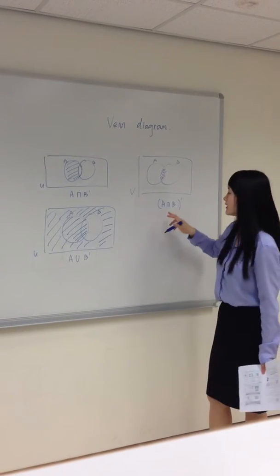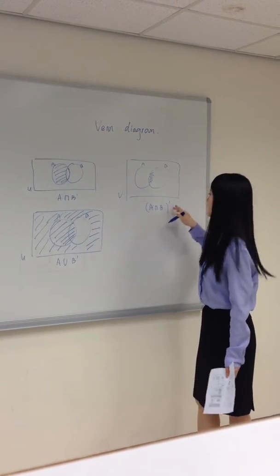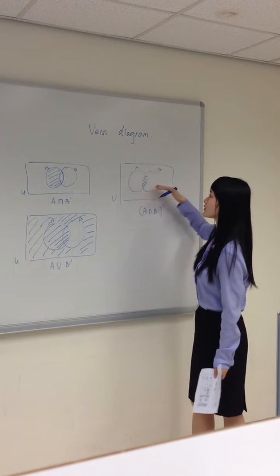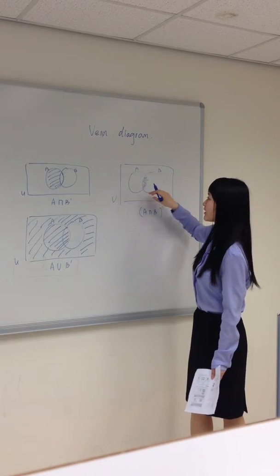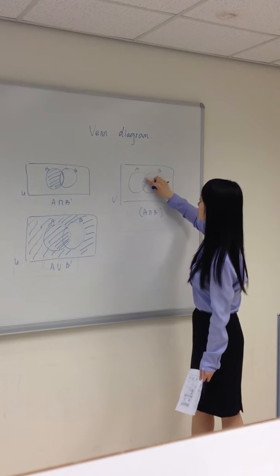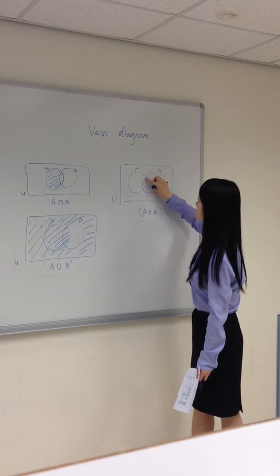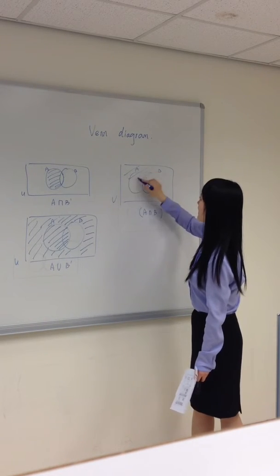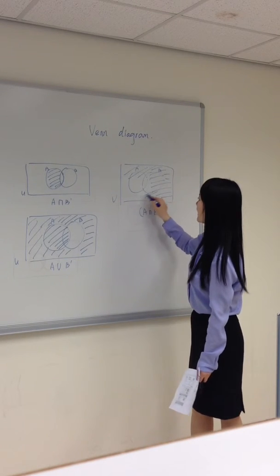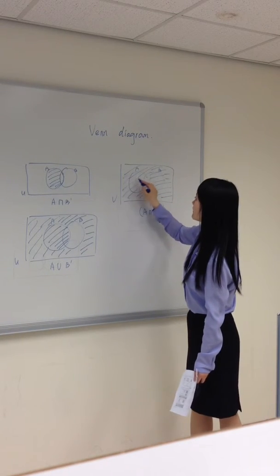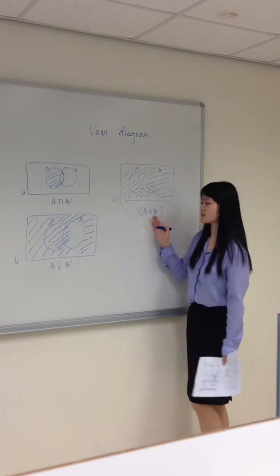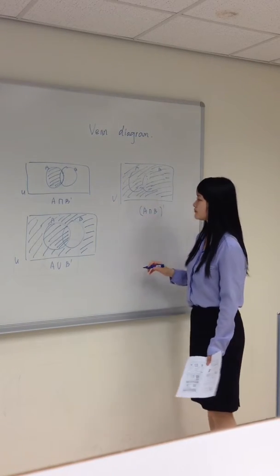This is the intersection set of A and B. But we need the complement of it. It means all other areas, the remaining area, except for this one, would be the answer. So we just remove it and shade all other things outside this small, eye-shaped area. And that is the answer for the complement of A intersect B.